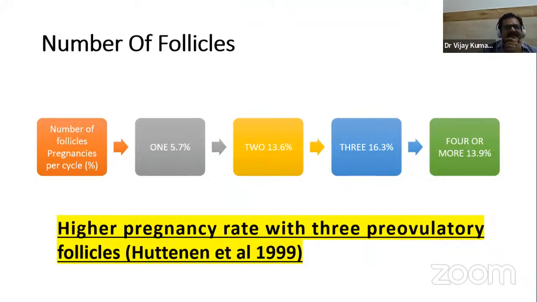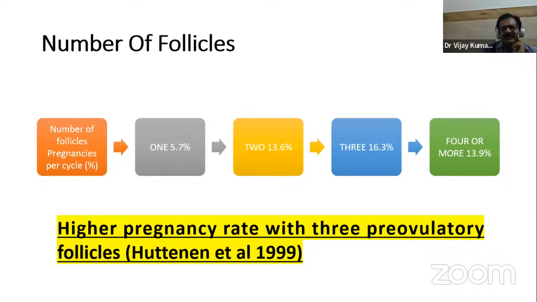So what is the success rate depending on the number of follicles? Suppose if the patient is having only one follicle, then the success rate with IUI is about 5.7%. Instead of that, if there are two follicles, then the success rate is about 13%.